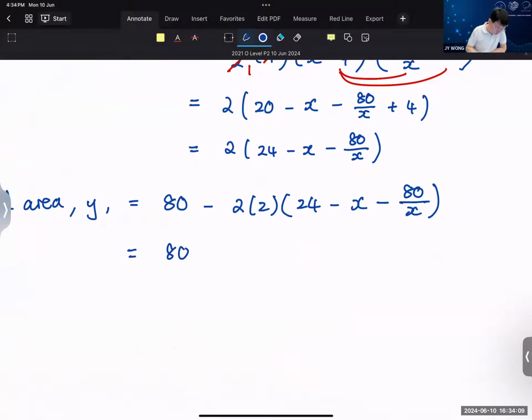So 2 times 2 is 4. So 4 times 24 is 96. So you will get 80 minus 96 plus 4x minus 4 times 80 is 320. But it's not minus, it will be plus, because minus minus gives you plus. So be careful with your sign.